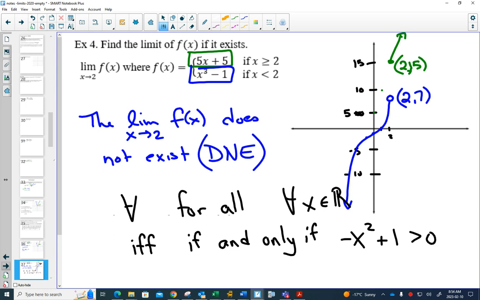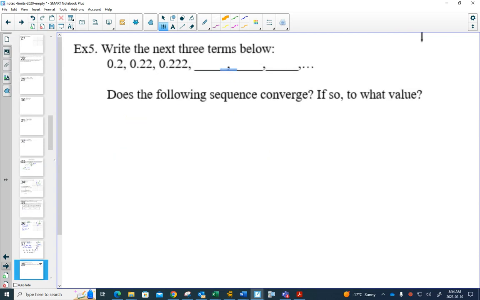X squared minus 1 is greater than 0. No, I'll come up with something. But there are some fun shorthand versions for now.